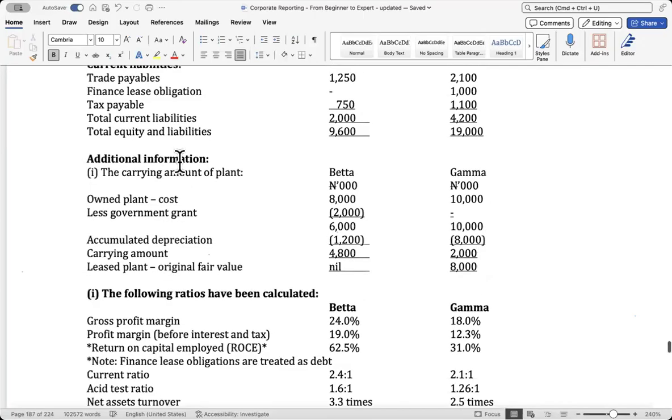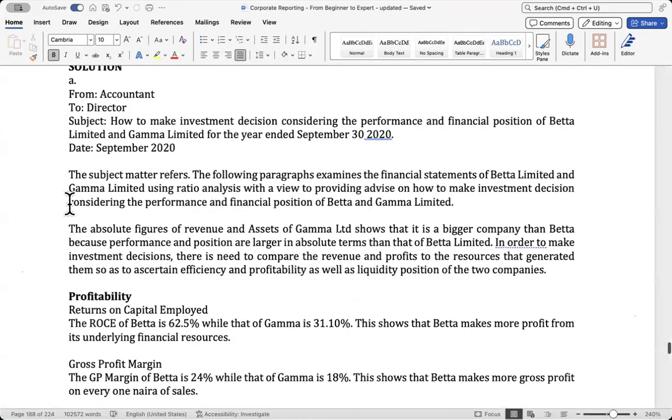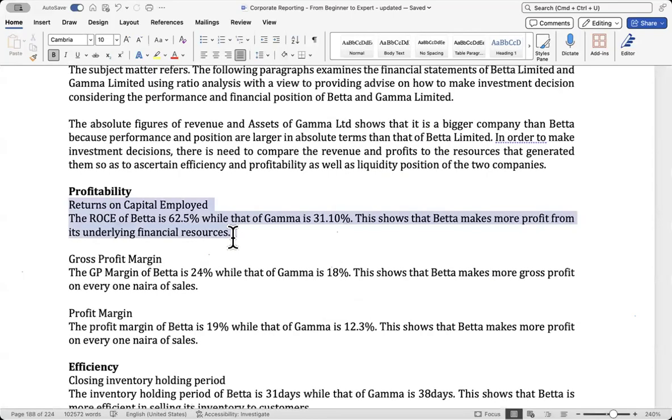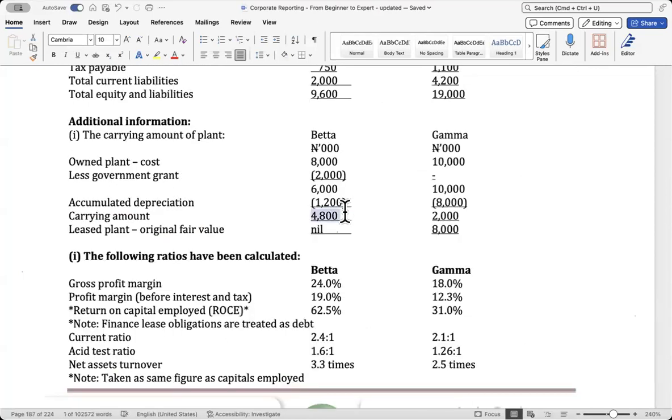An example of a place you can actually talk about this is when we were talking about ROCE. I could say that the reason why this company had a higher ROCE was because his underlying asset was lower, because some of his assets were funded by government grants, which is why he's having a higher return.